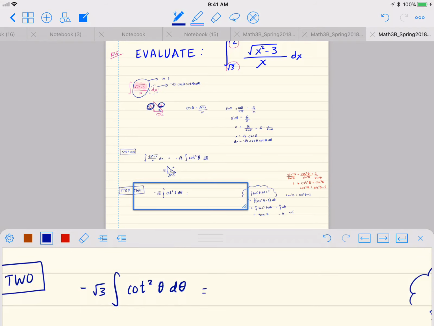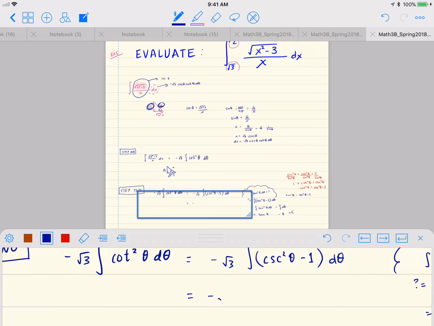This is equal to negative square root of 3 times the integral of cosecant squared theta minus 1 d theta. Now we can rewrite this as negative root 3 times the integral of cosecant squared theta d theta plus root 3 times the integral of d theta.